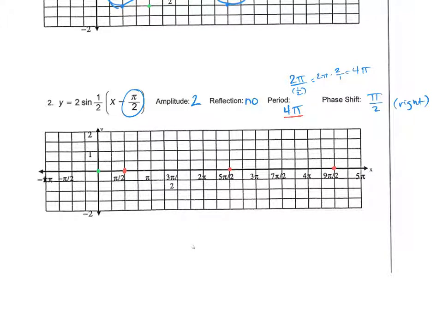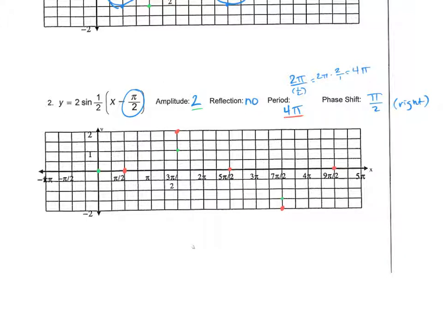Normally, the next thing I would do is to put my maximums and my minimums halfway between my zeros, going up first, unless I have a reflection. But in this case, my amplitude is 2, so I need to make my maximums at 2 and my minimums at negative 2.